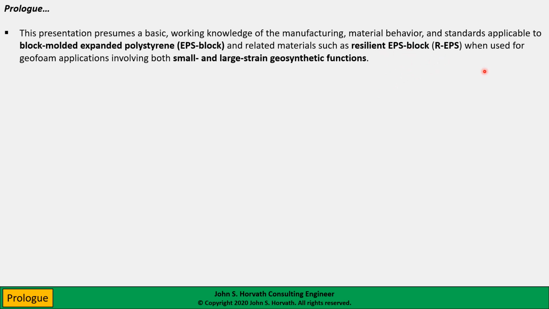A resilient EPS block in the past has been called elasticized EPS block, as these materials are used for geofoam applications involving both small and large strain geosynthetic functions.